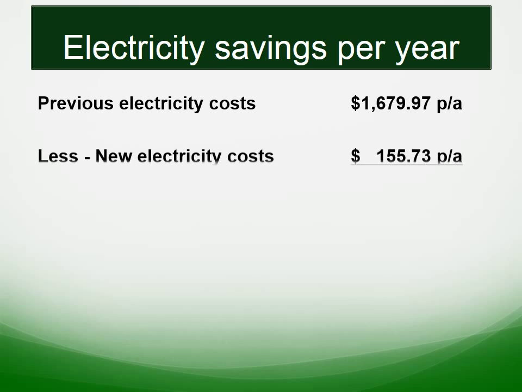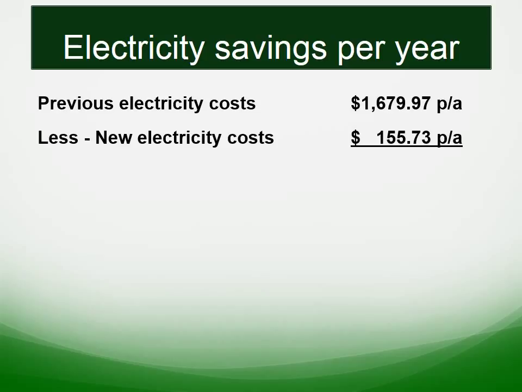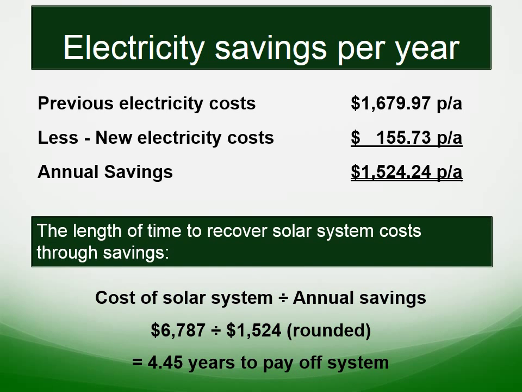We need to then take away her new electricity costs after installing the solar system, and the difference between the two equates to the annual savings of $1,524.24. Therefore, the length of time it would take Melanie to recover the solar system cost through savings would be approximately 4.5 years. This is calculated by dividing the total cost of the solar system by the annual savings achieved.